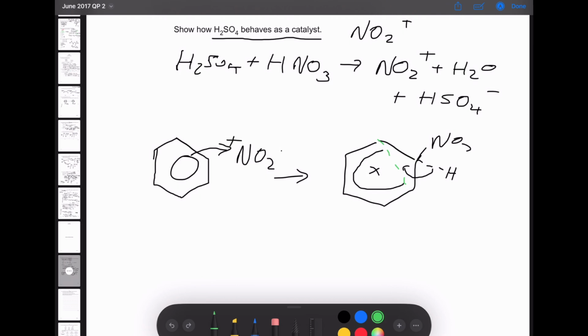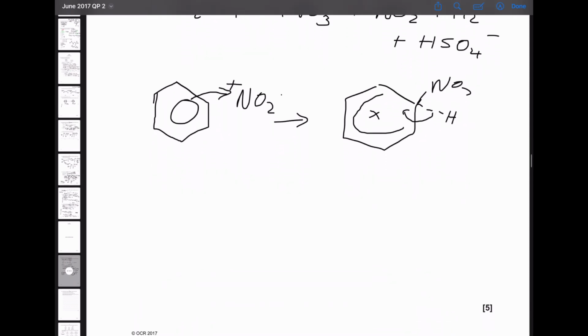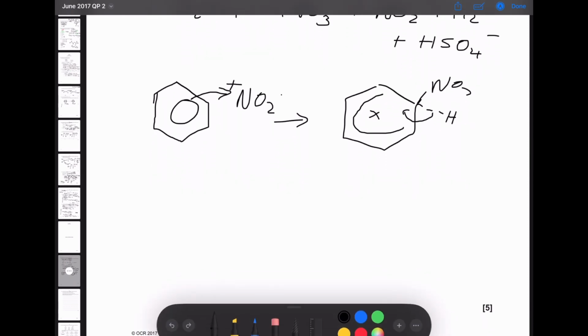That's just the rule that the examiners have come up with. So you have that, the hydrogen redonates its electrons in, and hopefully you'll be able to fit this all in one line.